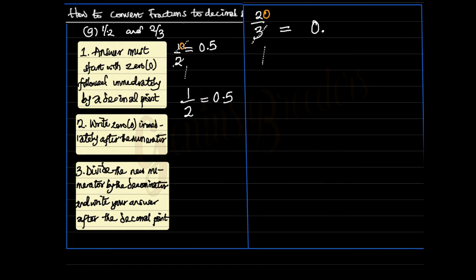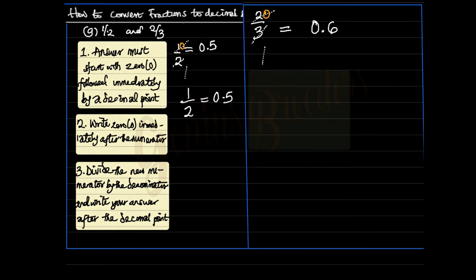Now 3 in 20, we know that 3 times 6 is 18, and 18 is the closest value. Anything more, say 3 times 7 is 21, which is greater than 20. So we have 6 threes in 18, so you put your 6 here. So you have a remainder this time. In this case, we now have the step 4.